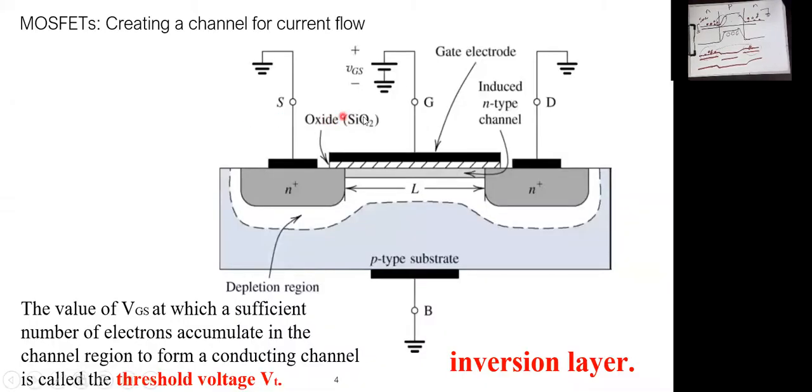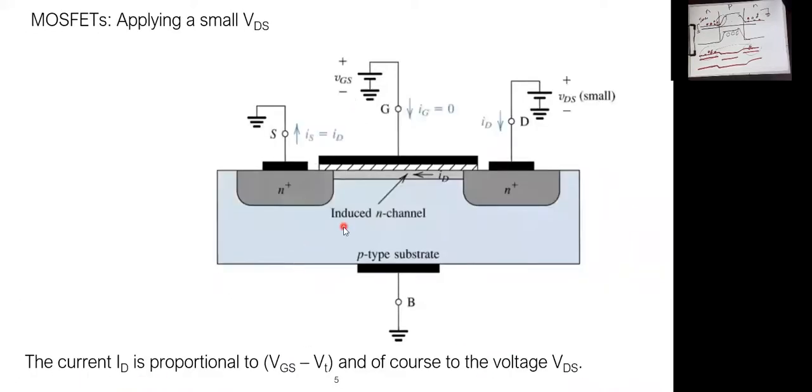Okay, so the first step is that we put this gate voltage as a positive voltage to attract electrons to the channel and convert the substrate to be a channel, which is the threshold voltage. Now, what is the second step? The second step, my dear students, is to have this positive voltage on the drain. Once you start to put a voltage on the drain, the electrons in the source are now attracted to move to the drain.